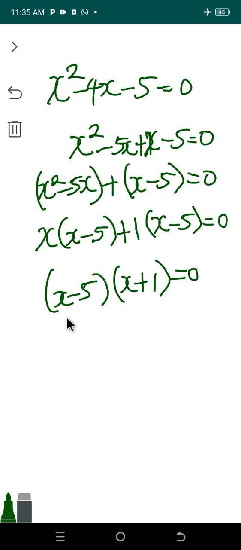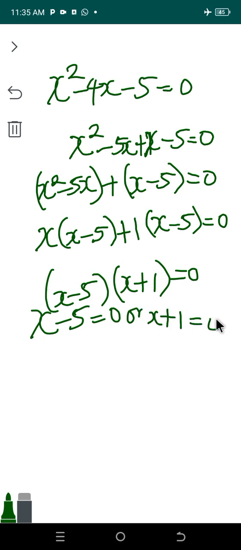So we are going to express it in this form now. x minus 5 is equal to 0, or x plus 1 is equal to 0. In this situation, we are moving the constants across the equality sign to know the value of x.